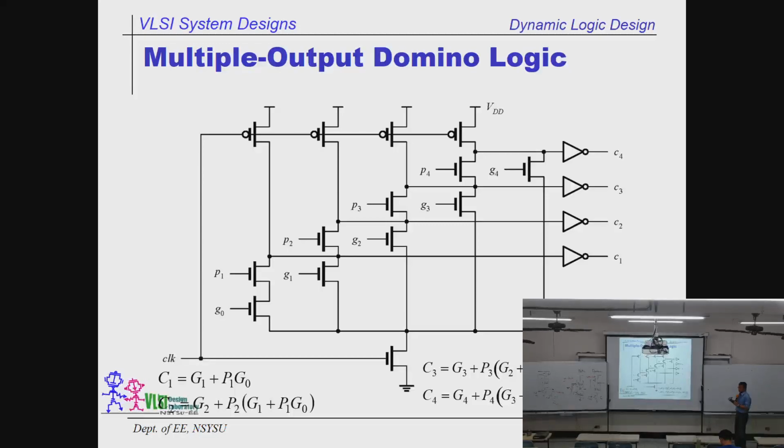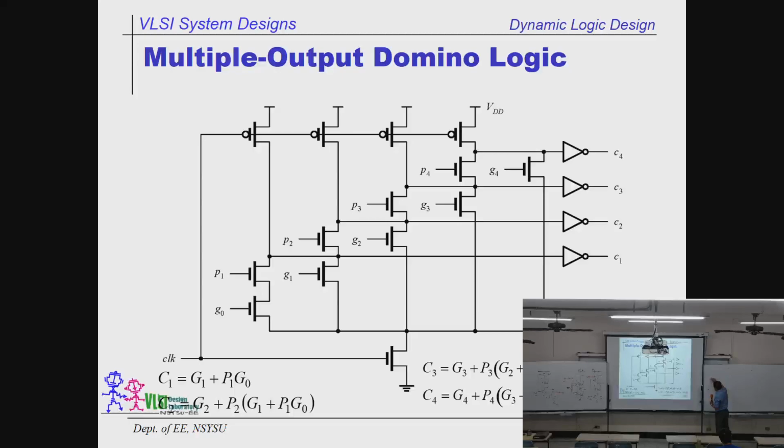Okay, carry is the longest delay of the adder design. So usually we spend a lot of energy and effort trying to shorten the delay of the carries. So why does carry happen? Carry out. Why does carry out happen?